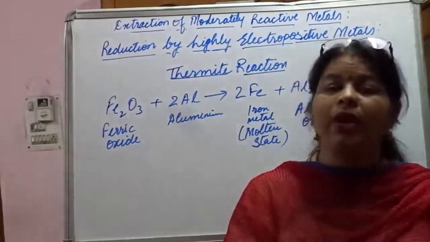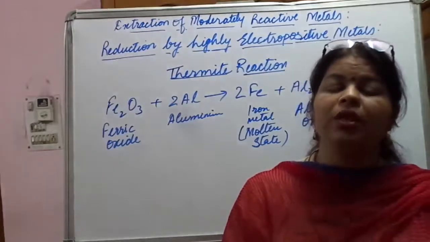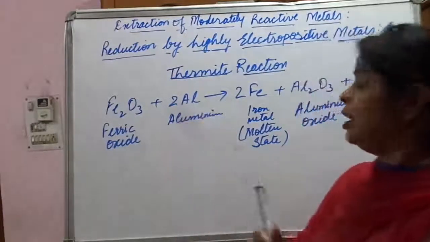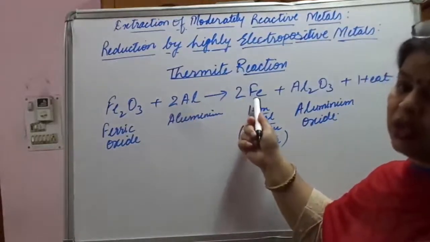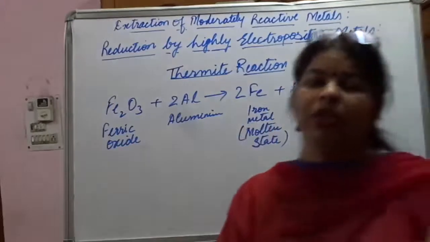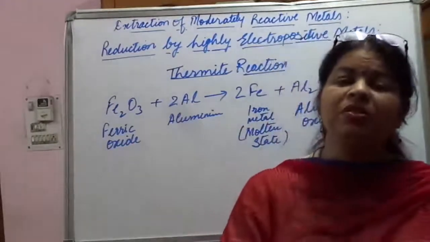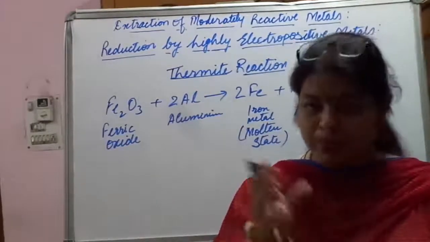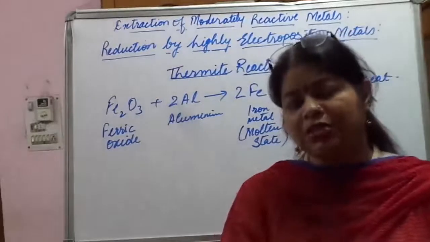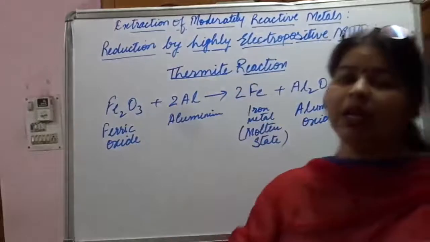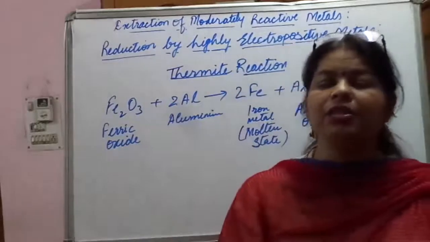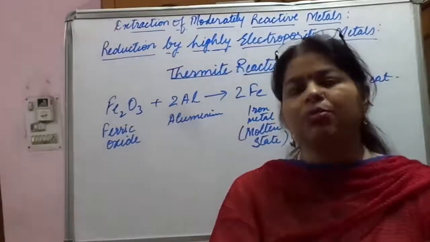What is welding? The iron which is produced is in the molten state, so it is poured between the broken iron pieces, or wherever cracks are there. This molten iron joins, it welds the broken part.